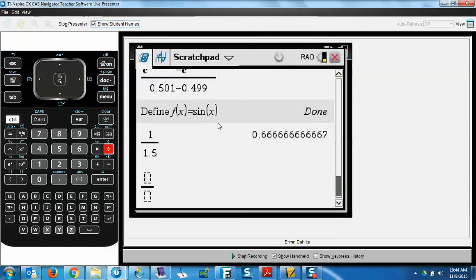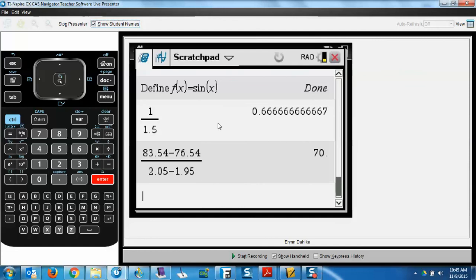And then what were the numbers, help her out? 83.54 minus 0.54 also, was it? Okay. And then 2.05 minus 1.95. All right, so 70 miles an hour, approximately.